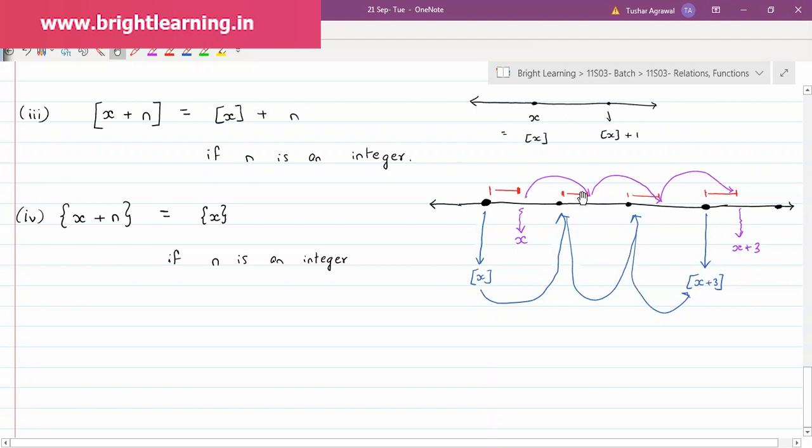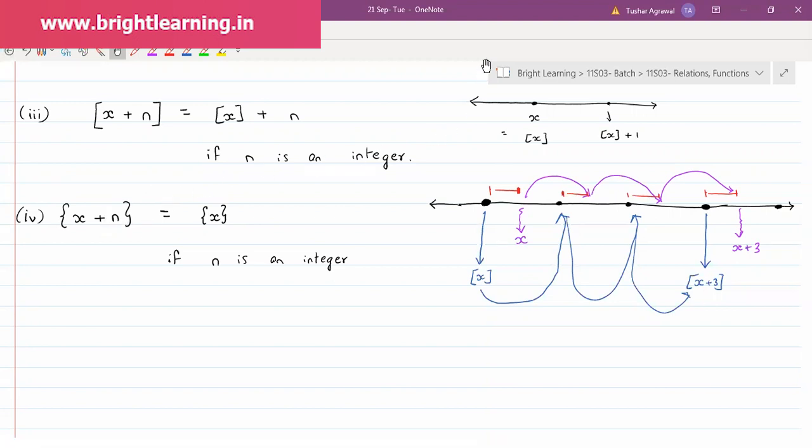If you make a jump of 2 units ahead, this red distance remains the same; that is the fractional part of x plus 2. With 3 units ahead, it is the fractional part of x plus 3. This red is the fractional part of x, or of x plus n if n is an integer. They are one and the same.